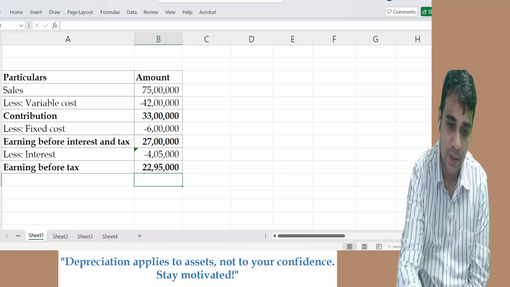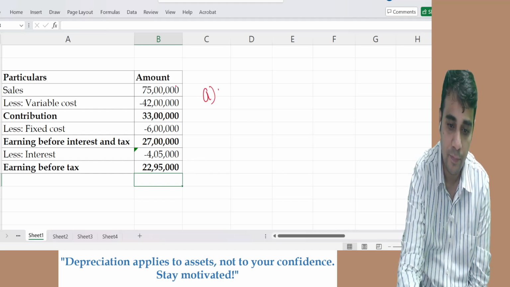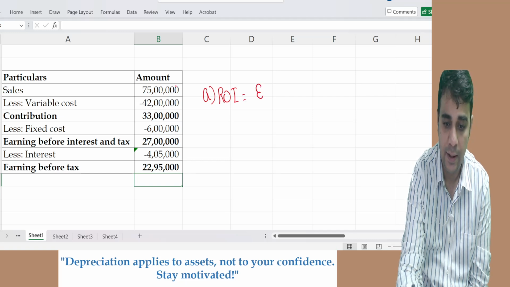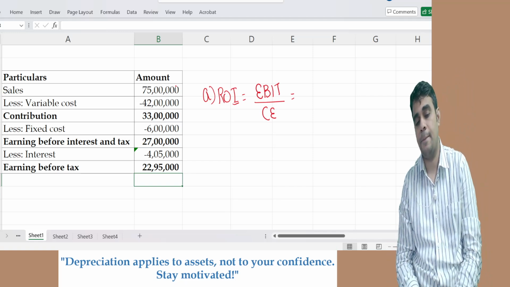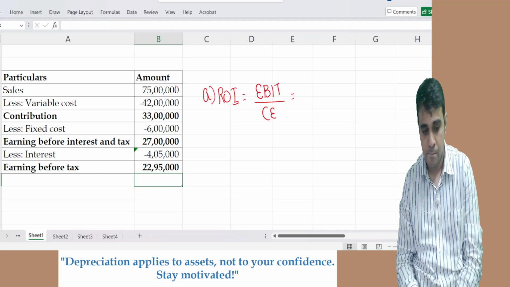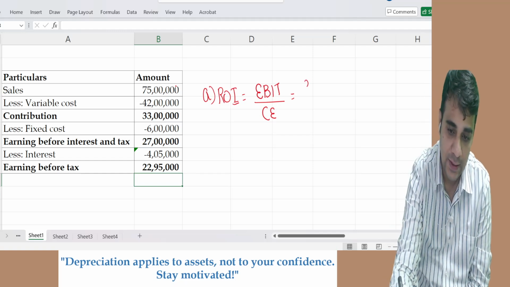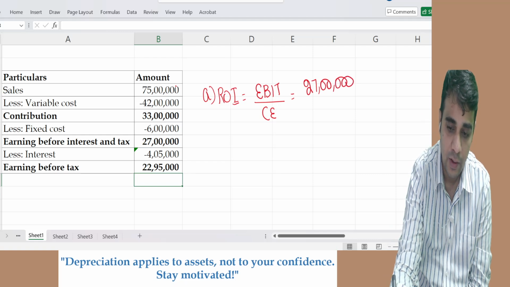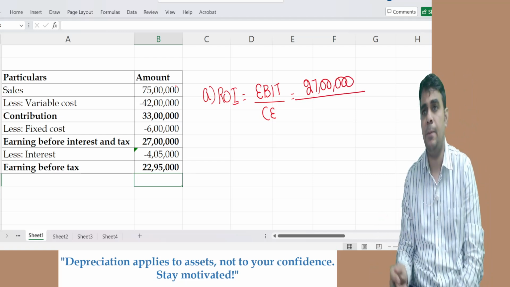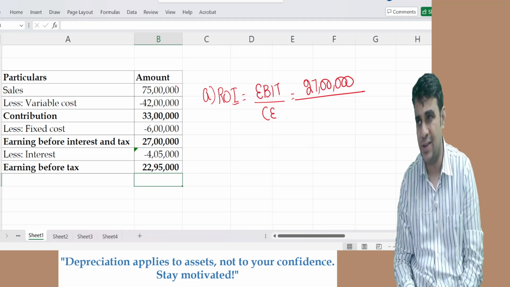Below the table, the first requirement was ROI. ROI is equal to EBIT by capital employed. EBIT is 27 lakh. We should ideally multiply by 1 minus tax rate, pre-tax, post-tax, but tax rate data is not there.